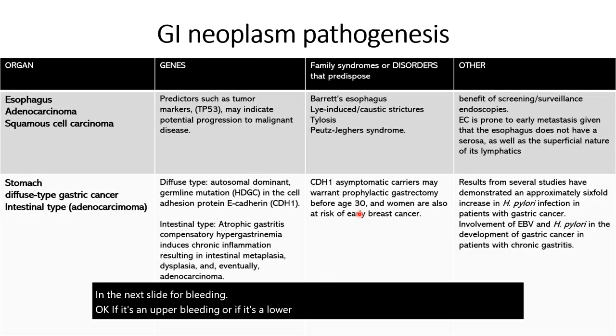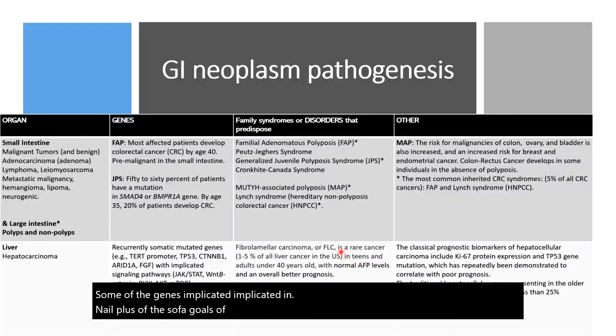For neoplasm, some of the genes implicated in neoplasm of the esophagus, of the stomach, and in the case of small and large intestine, it is very important to review the family polyposis, or the Lynch syndrome.